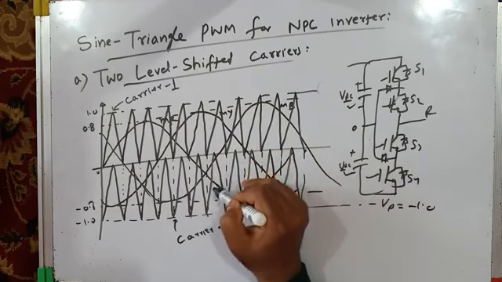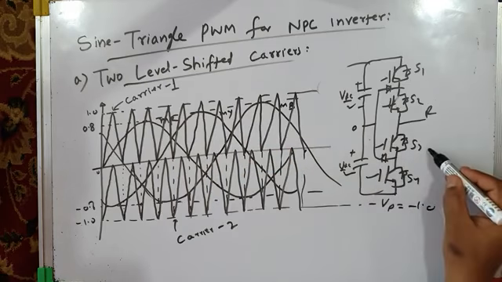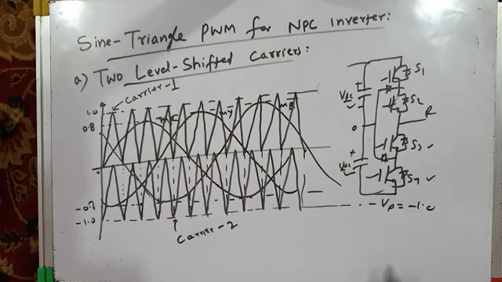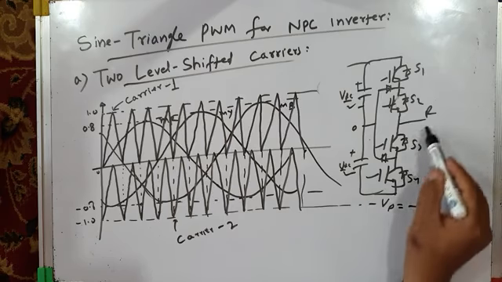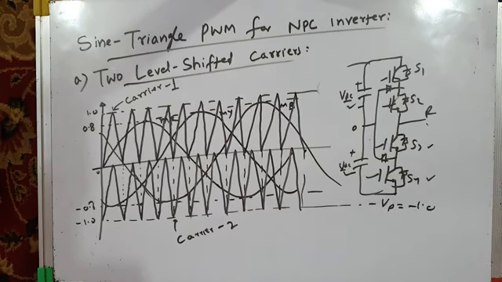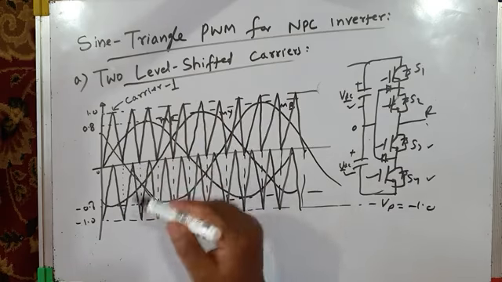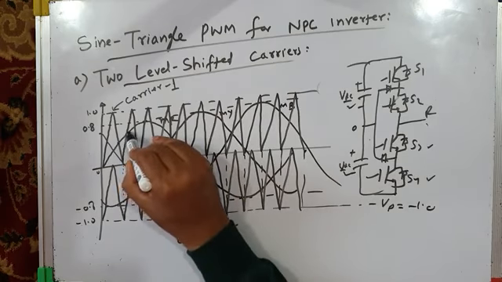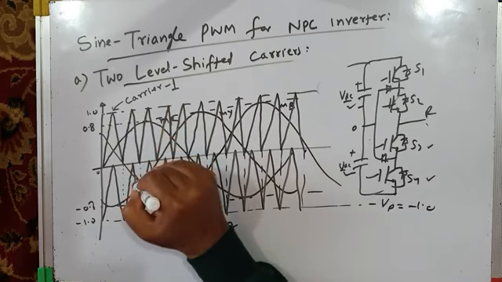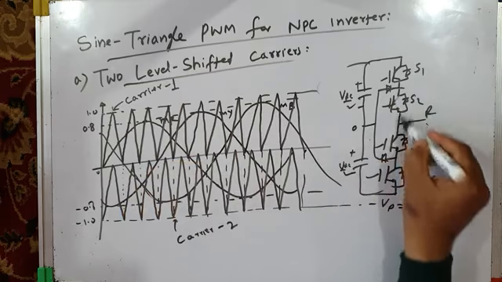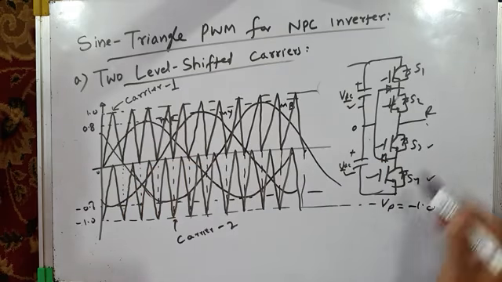It's less than carrier 1, it is less than carrier 2 also. So it will issue gating pulses to bottom 2 switches, S3, S4, and your pole voltage is minus VDC by 2. And in between, somewhere here, my modulating wave MR is less than carrier 1, but it is greater than carrier 2. So middle 2 switches S2 and S3 will be on and pole voltage VRO will be 0.